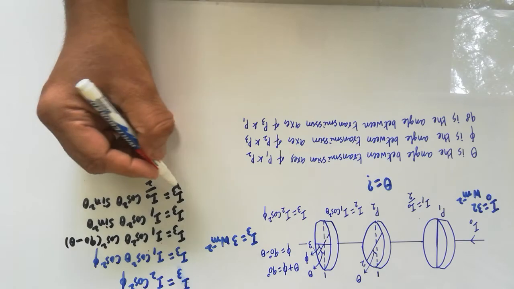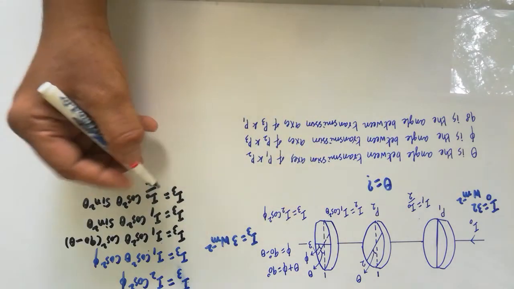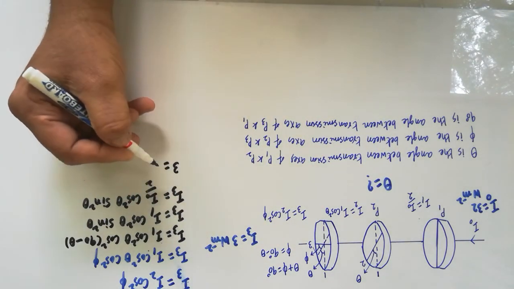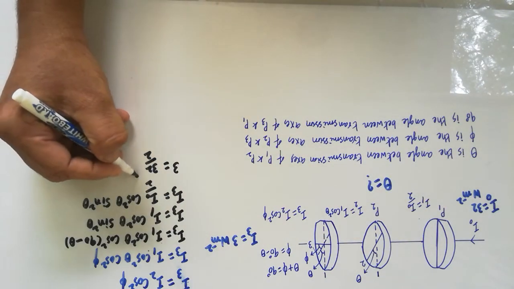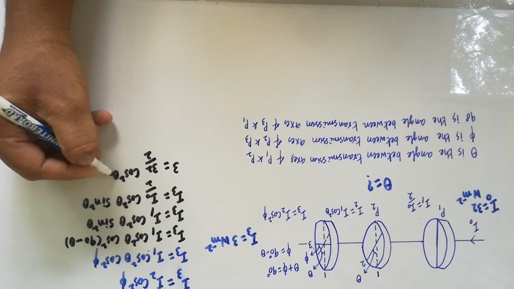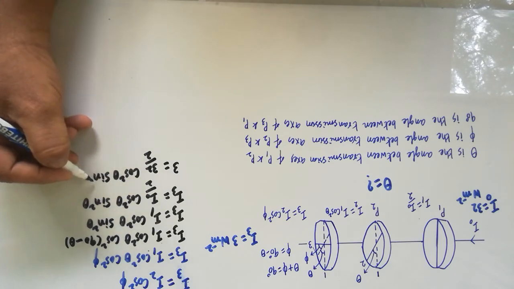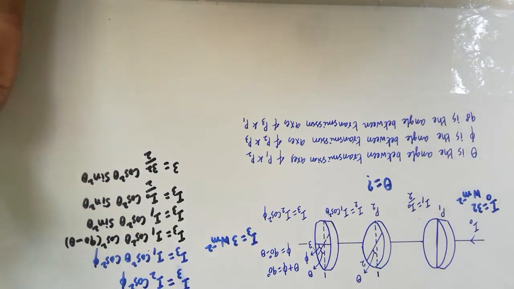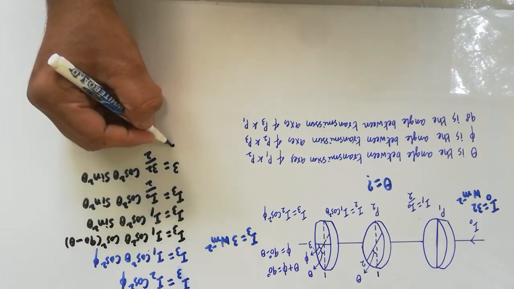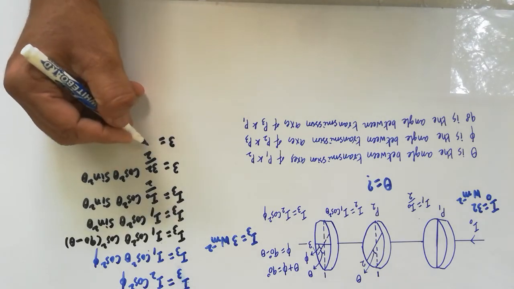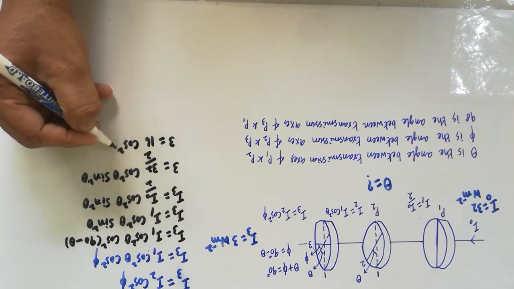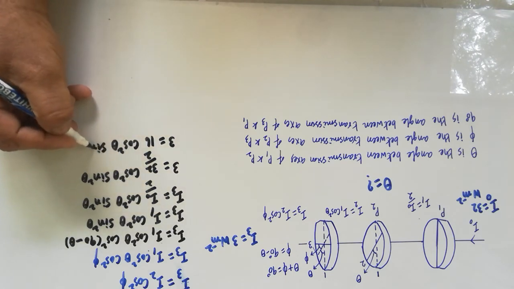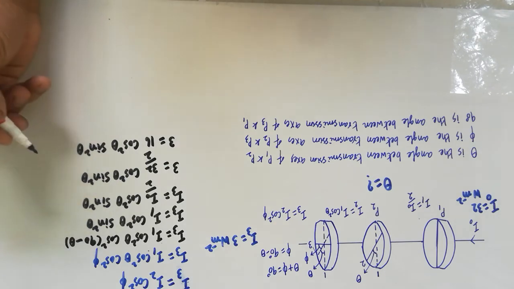The value of I3 is 3, and I0 value is 32 divided by 2, times cos square theta sin square theta. Now this becomes 3 is equal to 32 divided by 2, which is 16, times cos square theta sin square theta.